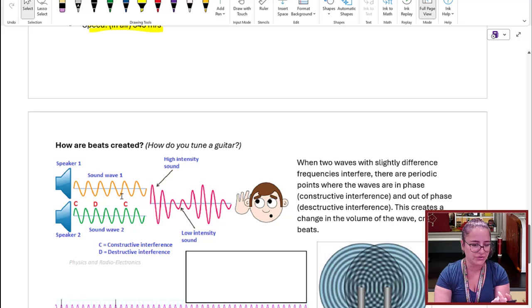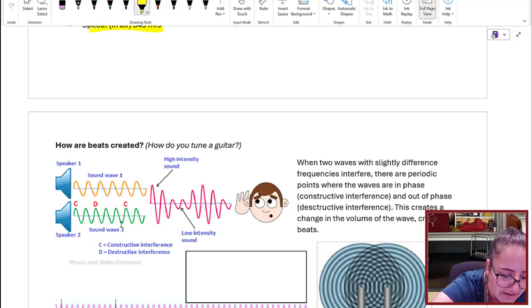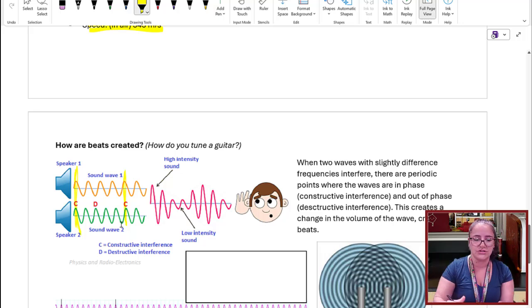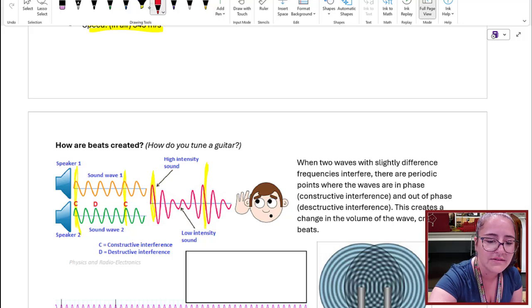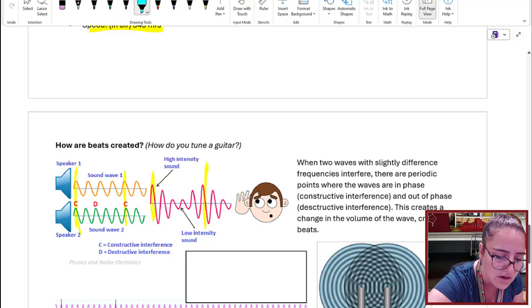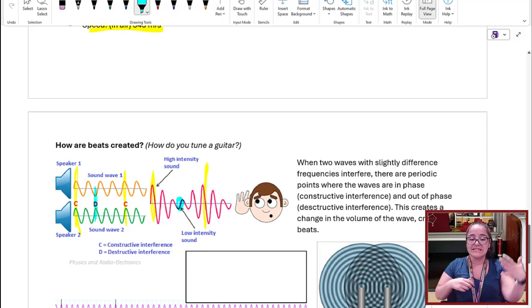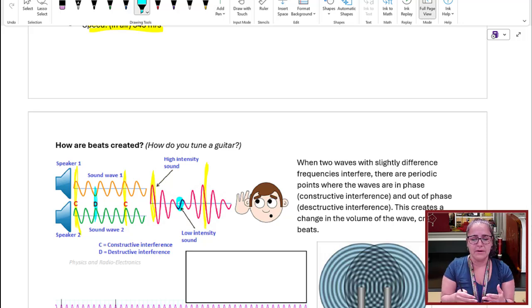Basically, if you have two different sound waves, there are going to be spots where the crests line up, and you're going to get constructive interference, like there and there. But then there are also going to be places where a crest meets a trough, and you're going to get destructive interference, a low intensity wave.